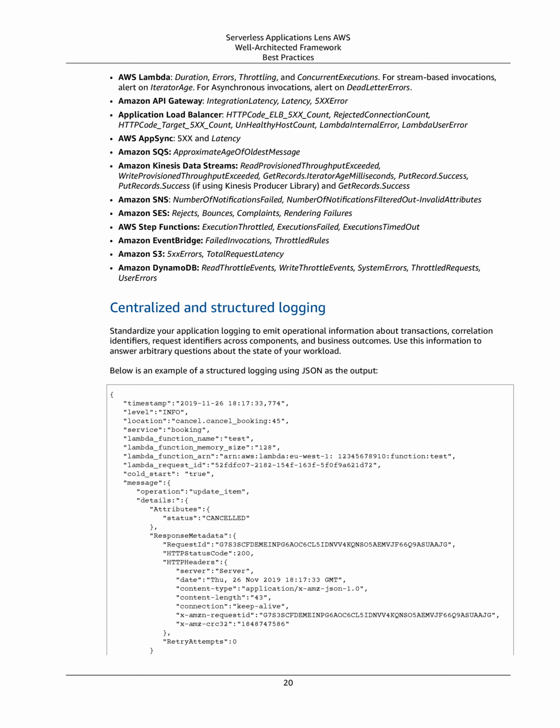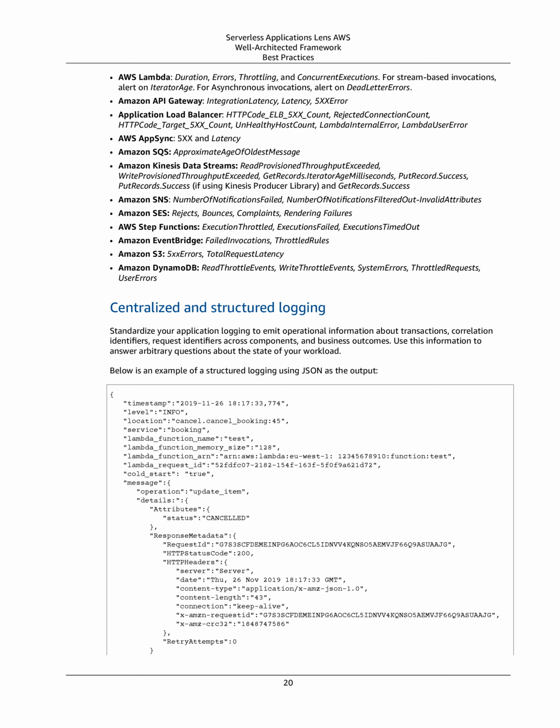Application Load Balancer: HTTPCode_ELB_5XX_Count, RejectedConnectionCount, HTTPCode_Target_5XX_Count, UnHealthyHostCount, LambdaInternalError, LambdaUserError. AWS AppSync: 5xx and latency. Amazon SQS: ApproximateAgeOfOldestMessage.